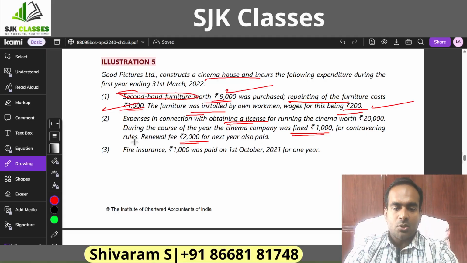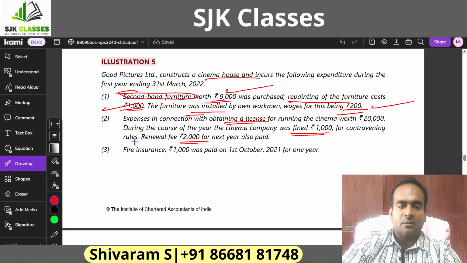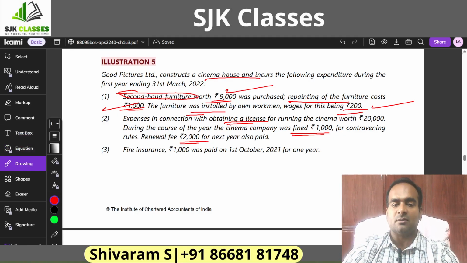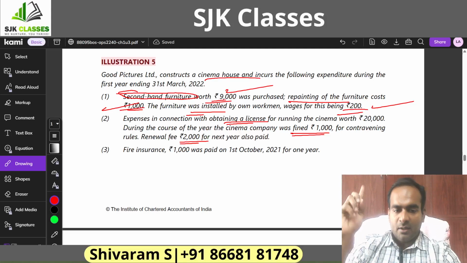And next one, 2,000 rupees. It's a renewal fee I have paid for the subsequent year. This 2,000 is for subsequent years, for which I have paid right now. I'll call it a prepaid expenditure. Prepaid expenditure will be shown in the balance sheet.